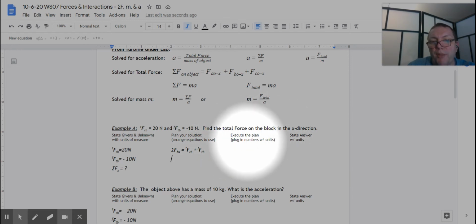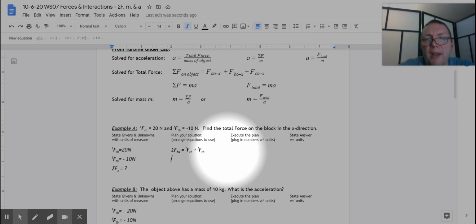Execute the plan: plug in the numbers with units of measurement. I want to make sure we include the units of measure, because otherwise we quickly forget that this is dealing with physics. This is dealing with pushes and pulls and objects and accelerations and velocities.